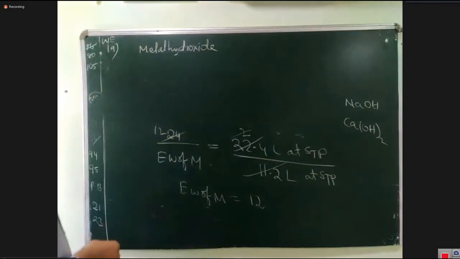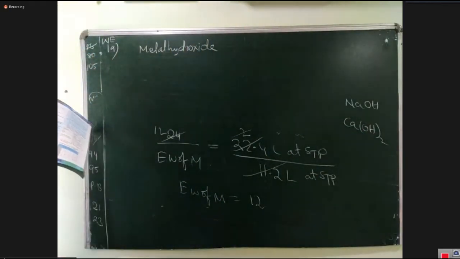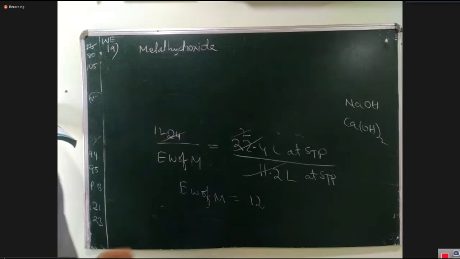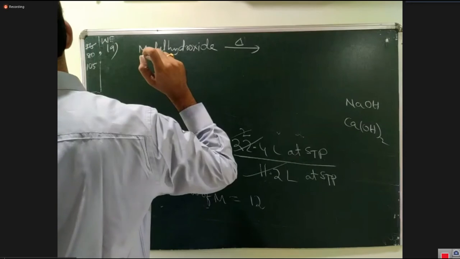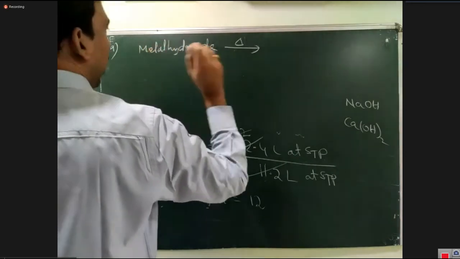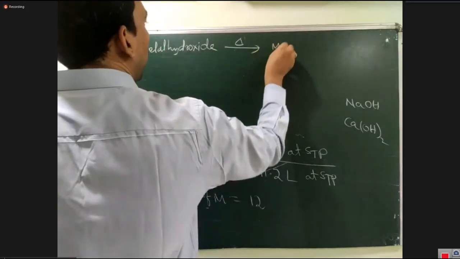So we can call it metal hydroxide. On ignition, heating, it gives its oxide, the metal oxide.